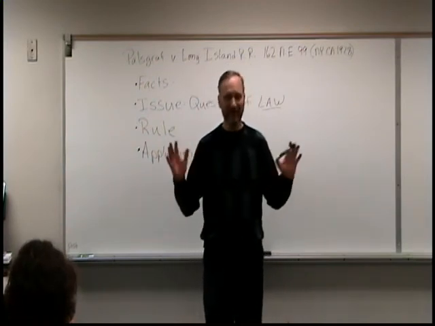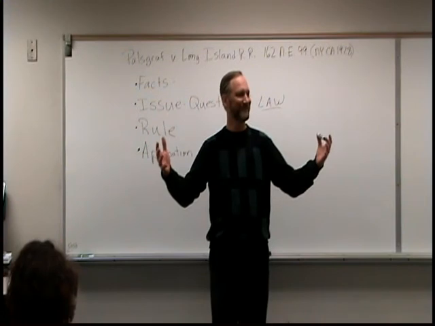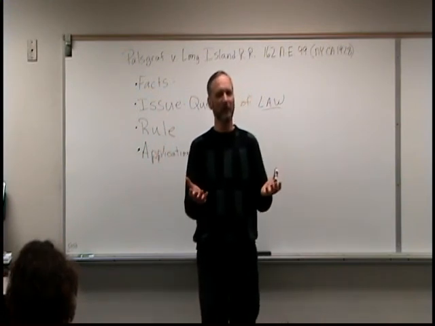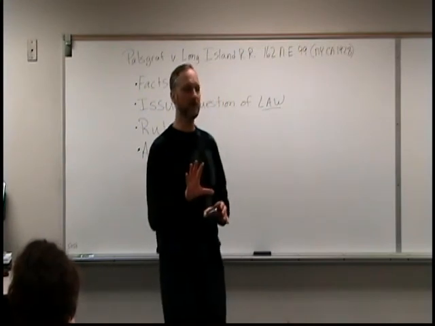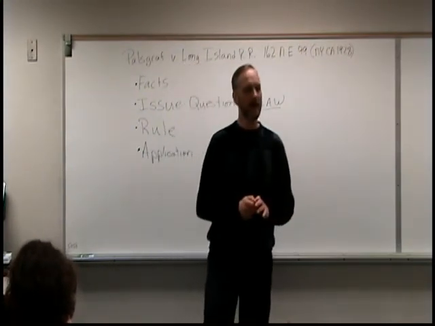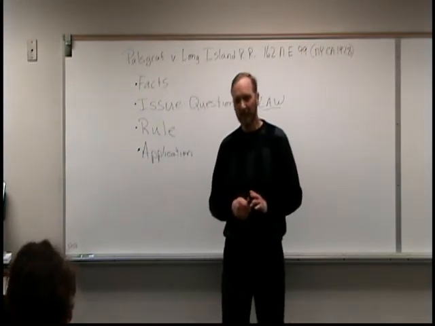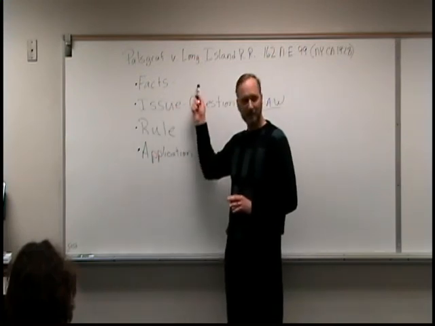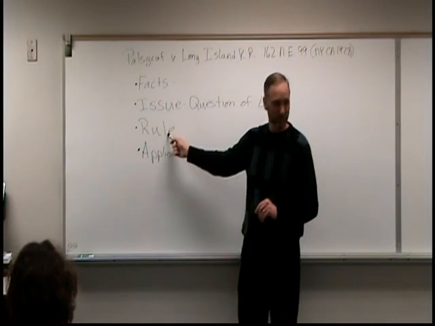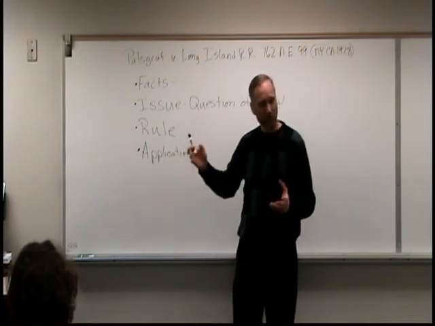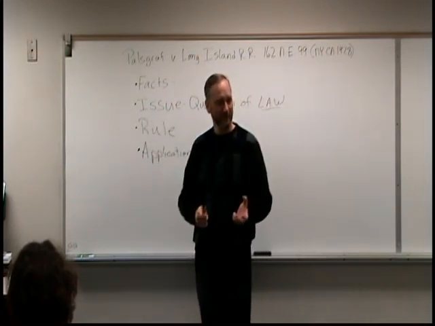That rule has its own existence. It is a rule of law. It doesn't rely on your case to be true. So we don't mention your case in there. Now we're going to apply that rule. And so that's where we take the facts that we had written, compare them to the rule, and show that comparison.